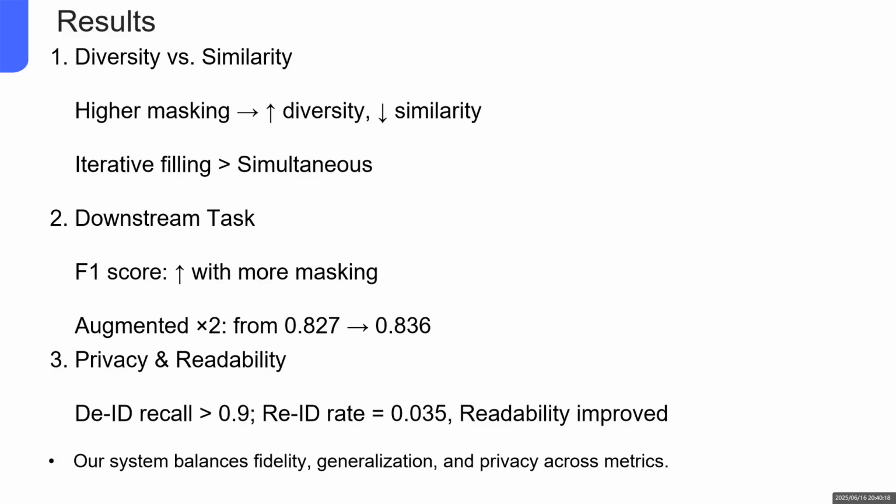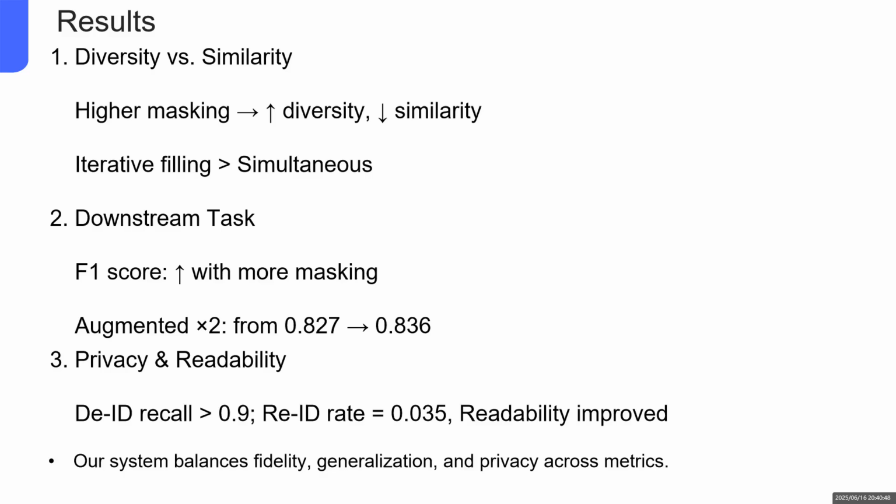That's also why, when we augmented the datasets by a factor of 2, the F1 score significantly improved from 0.827 to 0.836 in our first system setting. As expected, the iterative filling strategy consistently outperformed the simultaneous one, both in terms of text similarity and NER performance.